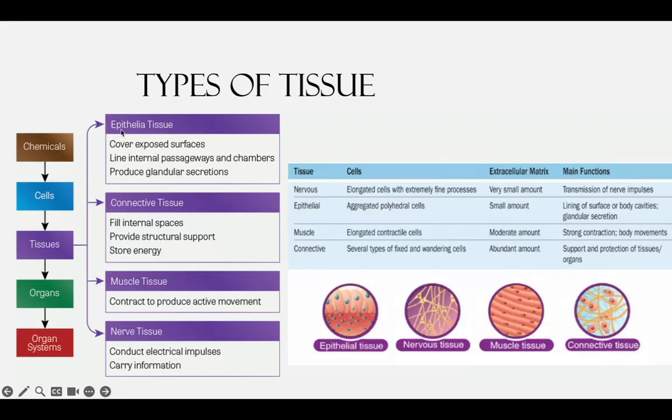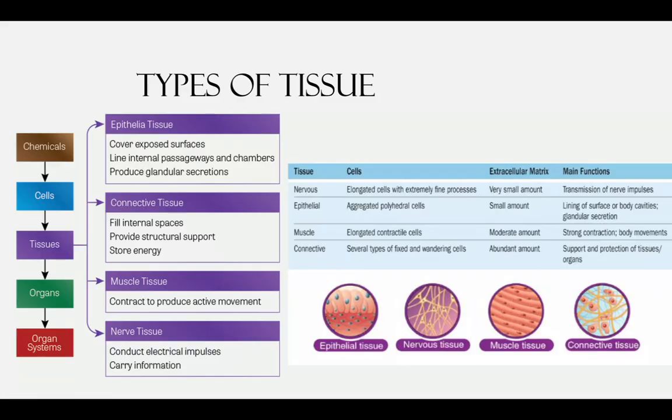And then within each type, I think in epithelial tissue, there's about 9 tissues. Connective tissues, I think there's 13. Muscular tissue, 3. Nervous tissue, just 1. Okay. We'll get into those specifics later on.